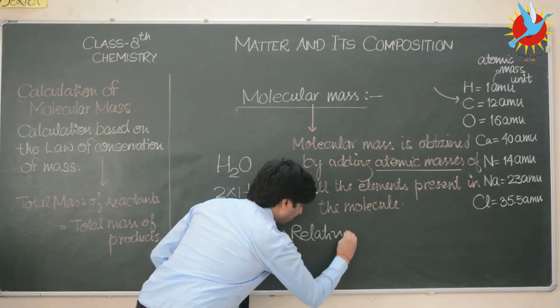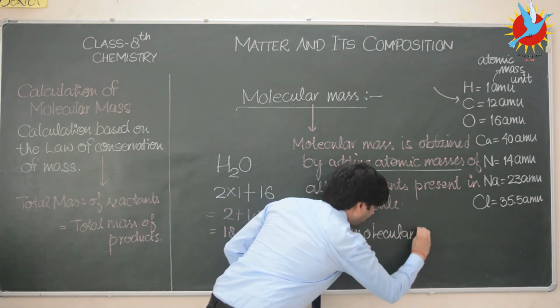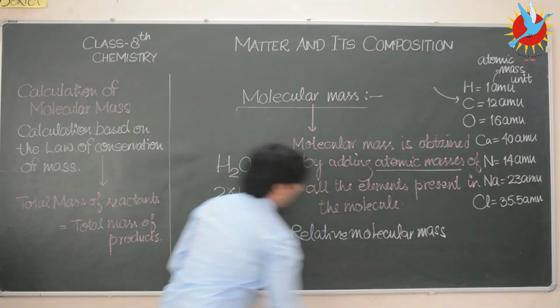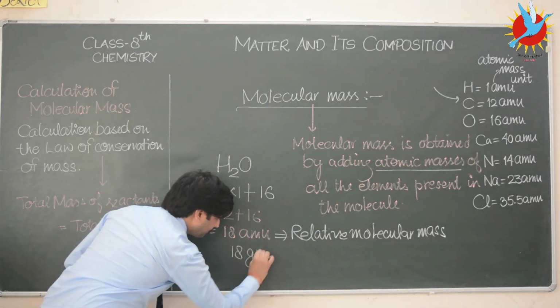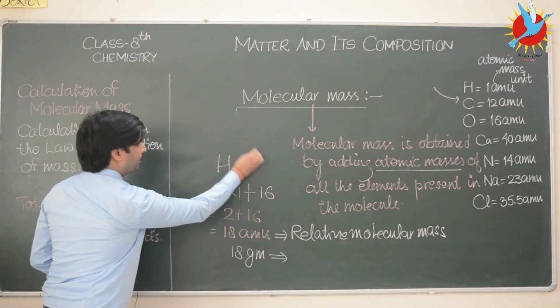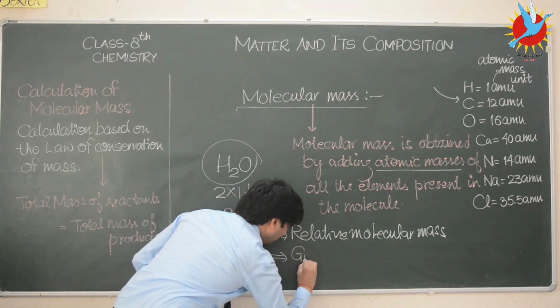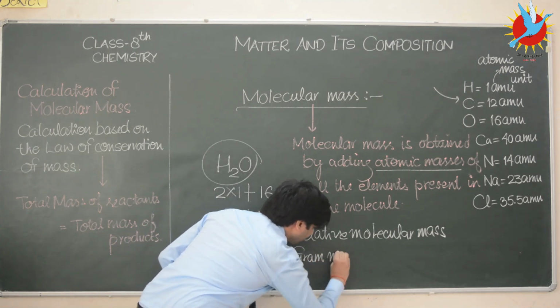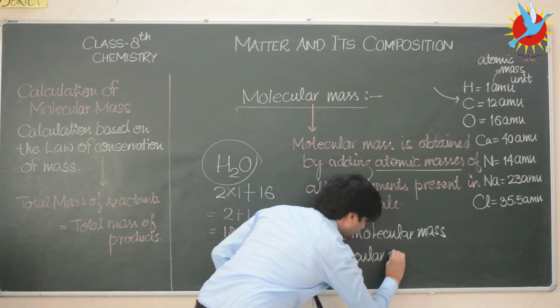If the molecular mass is written in AMU, then that is known as relative molecular mass. And if we write 18 gram, then this particular molecular mass of H2O is known as gram molecular mass. So we have two different types of molecular masses.